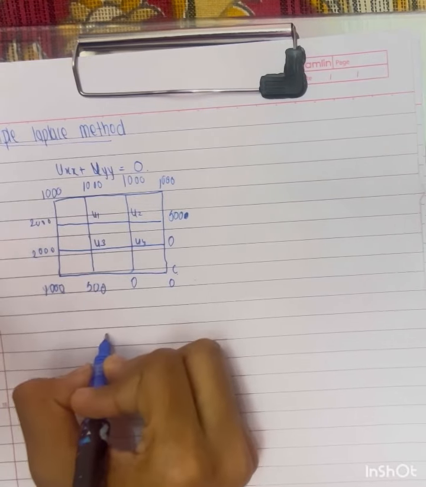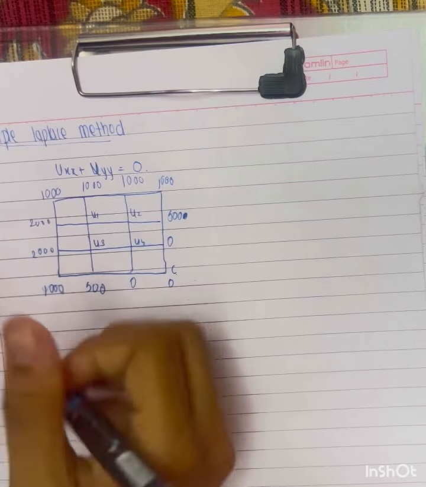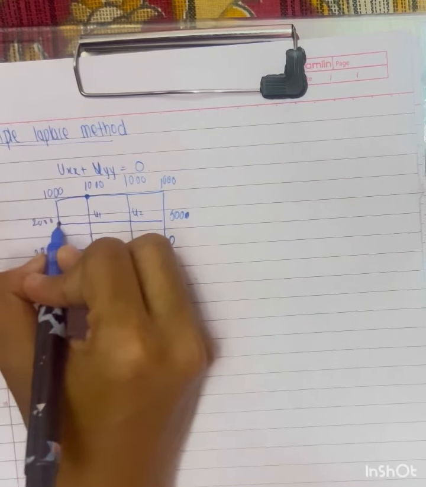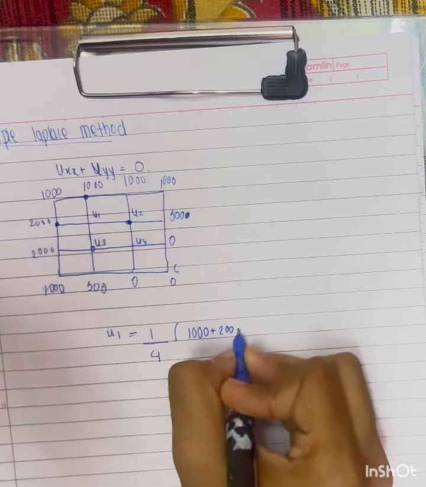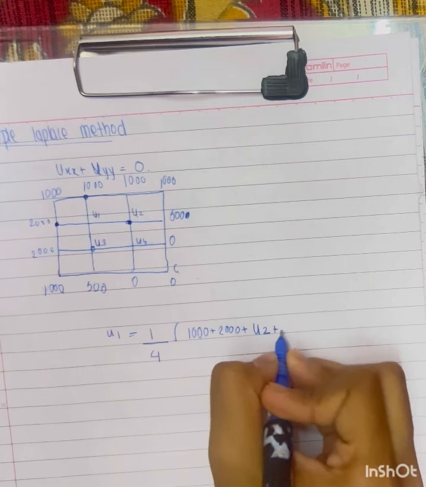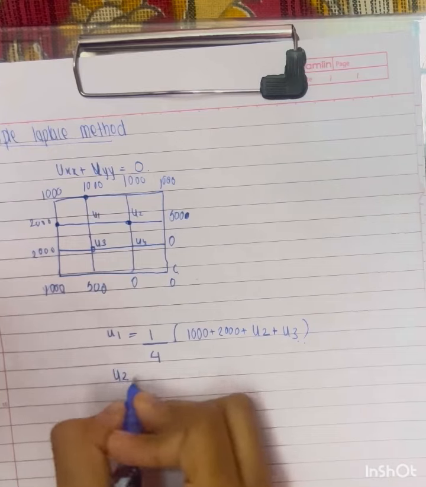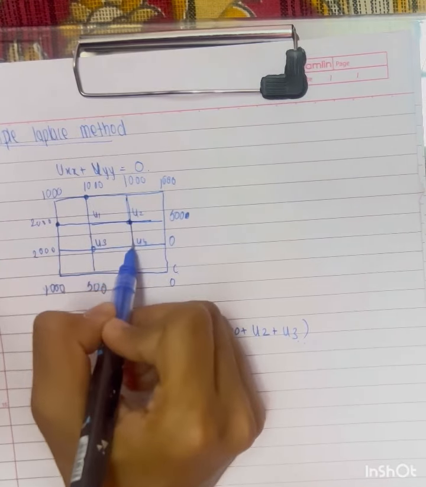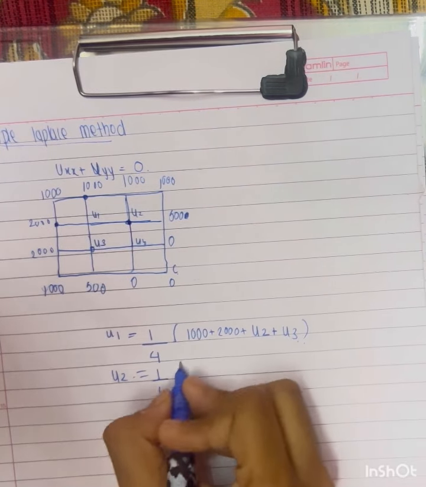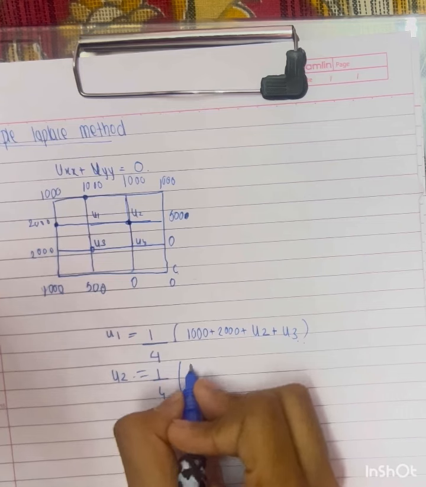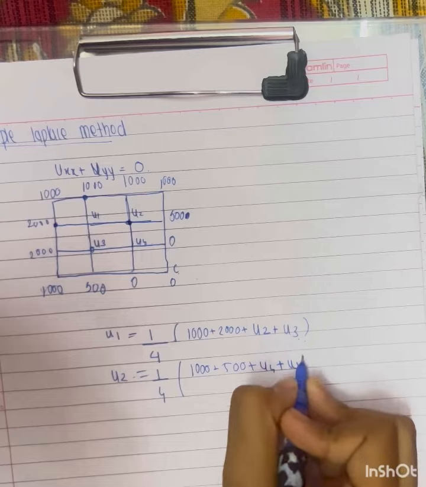So if you want to calculate U1 over here, you just write 1 by 4 and then you write 1000 plus 2000 plus U2 plus U3. Now if you want to write U2, you take whatever is in the plus sign. So U2 equals 1 by 4 (1000 plus 500 plus U4 plus U1).